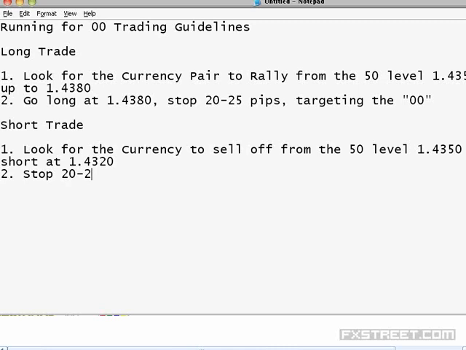Stop 20 to 25 pips, targeting in this case 143.00. And in this earlier example there, we would be targeting 144.00.